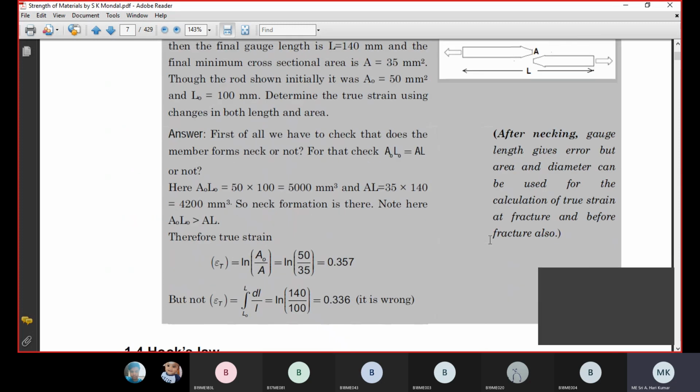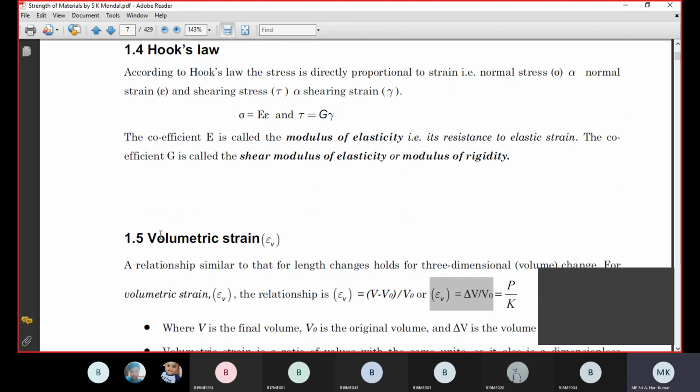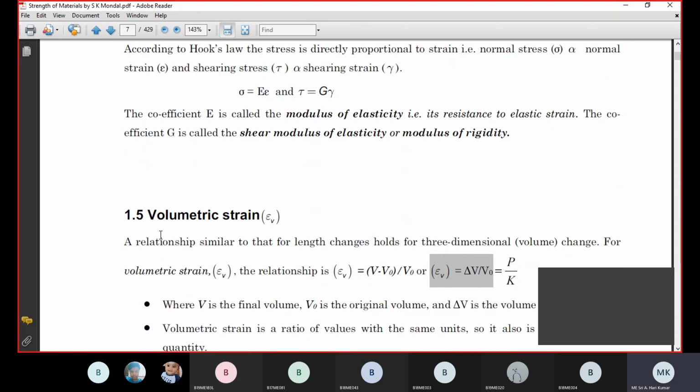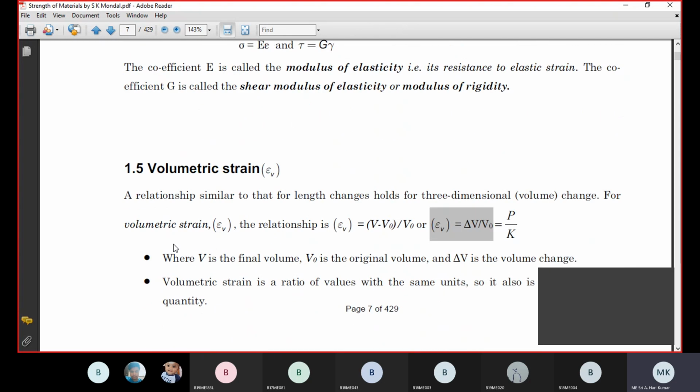Even that phrase is not included here; the statement has been given in a generalized way. The actual technical statement of Hooke's law is that stress is directly proportional to strain within elastic limit. That has to be added. Put that aside for now, but remember the phrase within elastic limit.